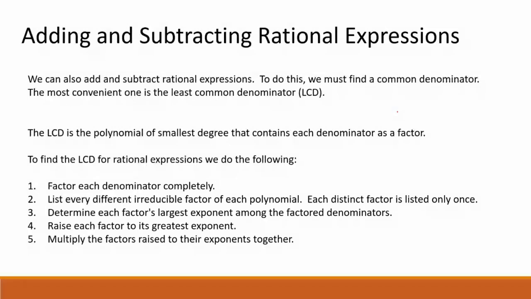Namely, you need a common denominator. You can only add if the denominators are the same. And just like we saw, when you actually do add, the denominator stays the same, and you just add the numerators. Same thing with subtraction.